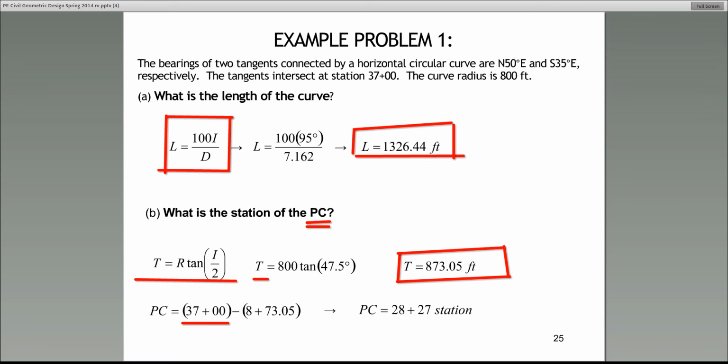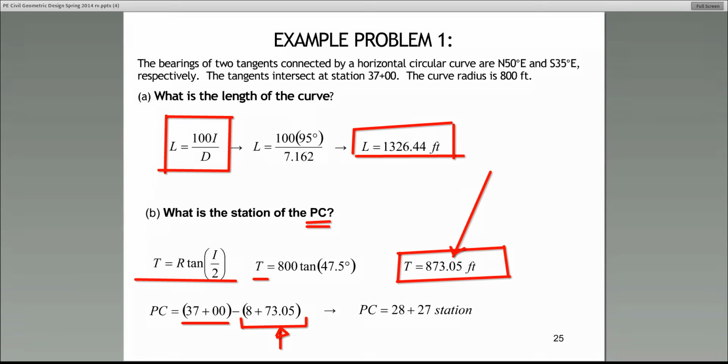And guys, pay very close attention to what I'm about to tell you right now. We're going to subtract the tangent in terms of stations. Now, what is the tangent? Tangent length is 873.05. That is in terms of feet. So, in terms of stations, what do we have?